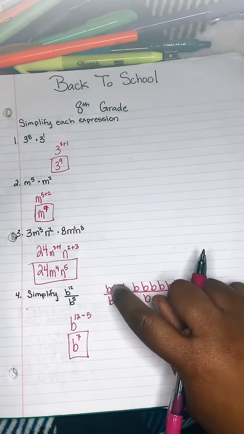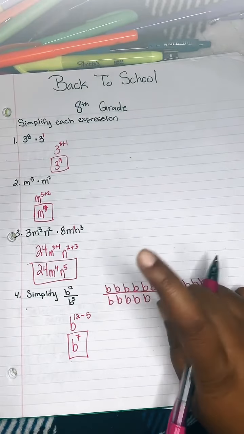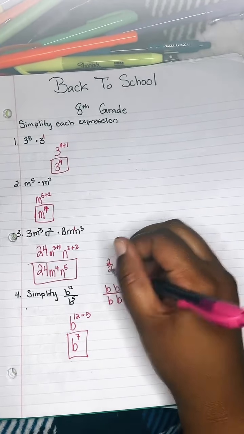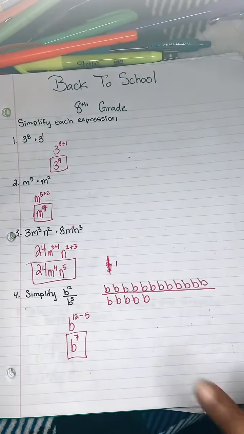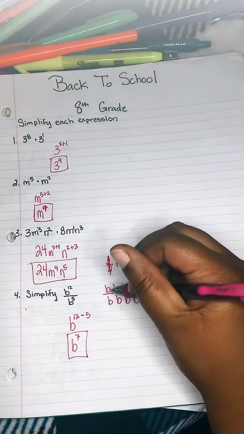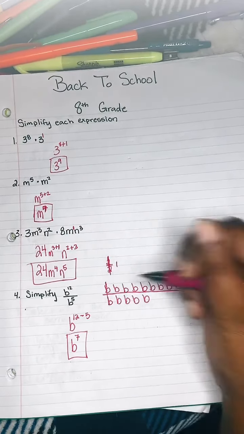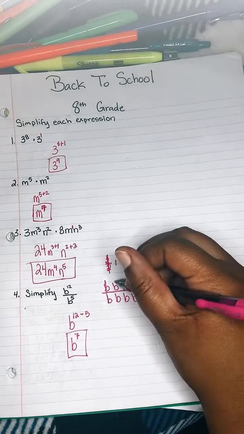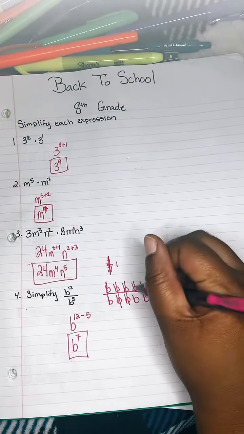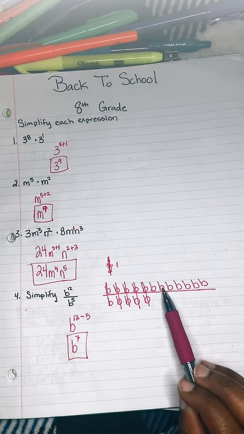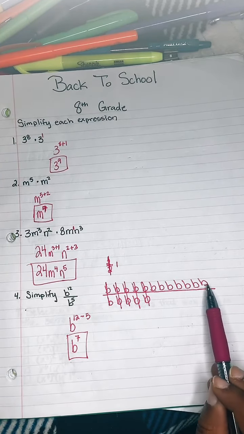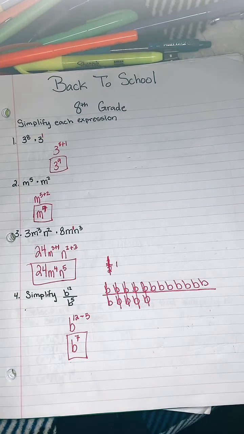Let's just say this: if we had 2 divided by 2, these cross out and they go to a 1. It's the same thing for letters. So B divided by B cancels, cancels, cancels, cancels. How many B's do we have left? We can count them: 1, 2, 3, 4, 5, 6, 7. That's why it's B to the 7th. I hope that helped a little bit more.